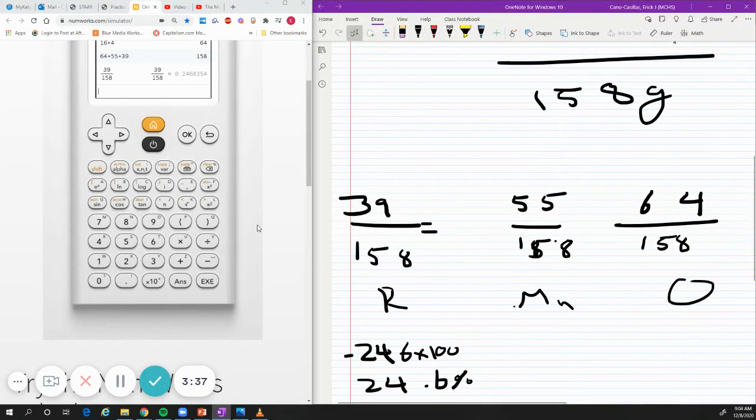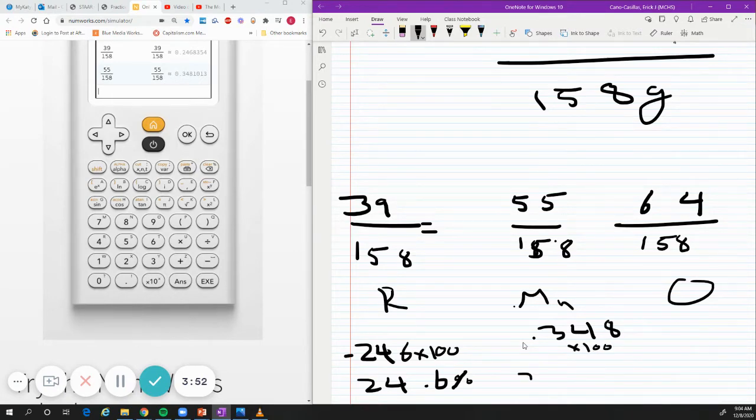We'll do the same thing here. Back to my calculator, 55 divided by 158. I get 0.34, but again, we don't want decimal, we want percent, so multiply by 100. You're going to get 34.8%.